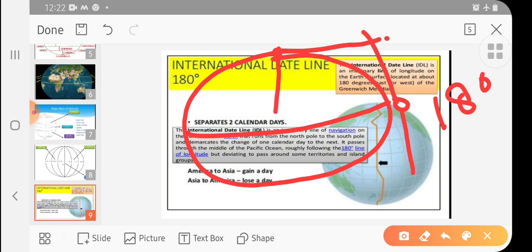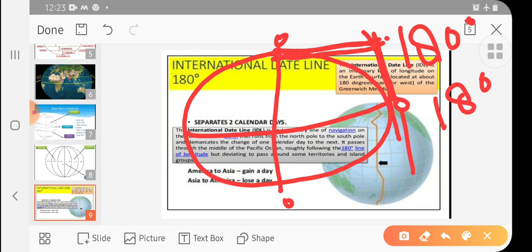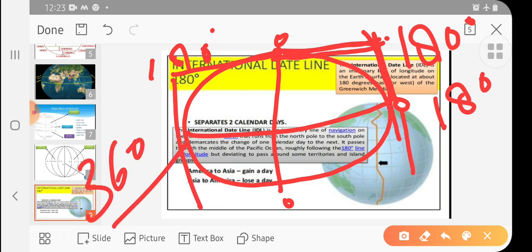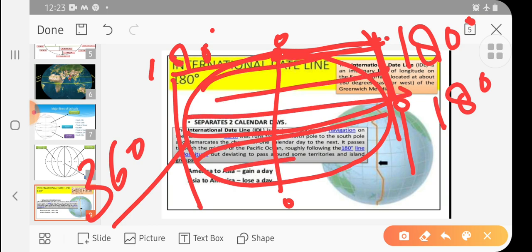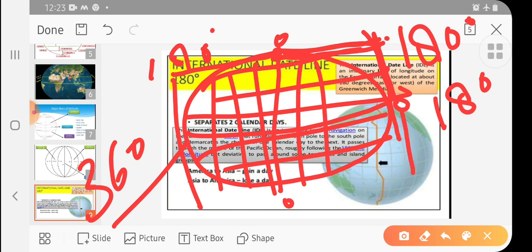When we talk about longitude, from the 0 degree prime meridian to the eastern side till the end of this horizon, we can say 180 degrees, 180 lines in the east and 180 lines in the west. So total are 360 lines. Again if we make the grid of this, we can understand by this.